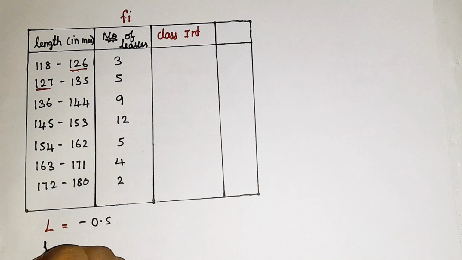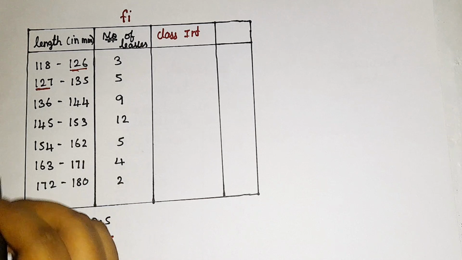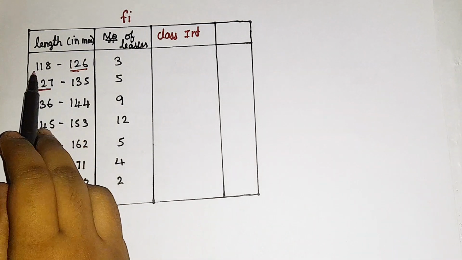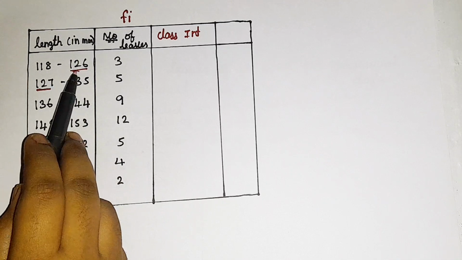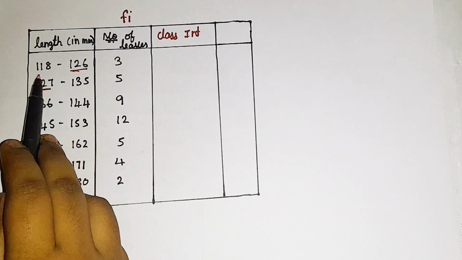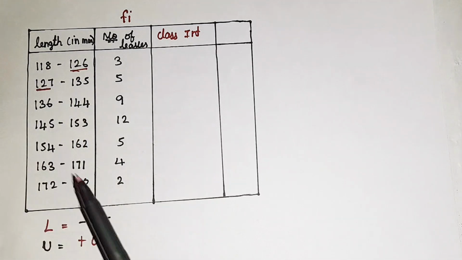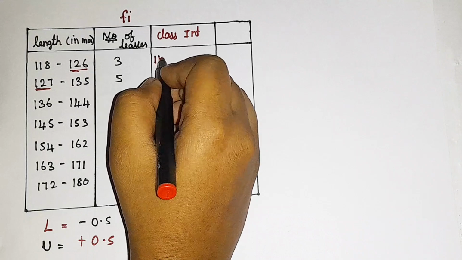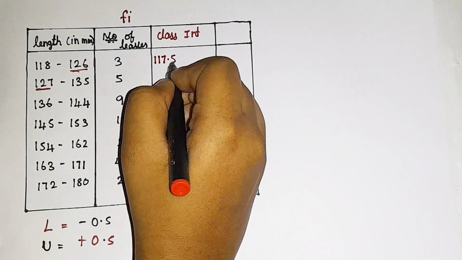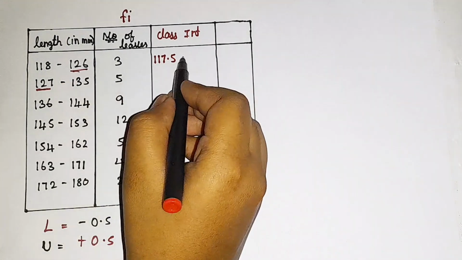And for the upper limit we are supposed to add 0.5. Here in this first case we have 118, that is the lower limit, and 126 is the upper limit. So we are supposed to subtract 118 minus 0.5. When we subtract it, we'll get 117.5 and then a dash.